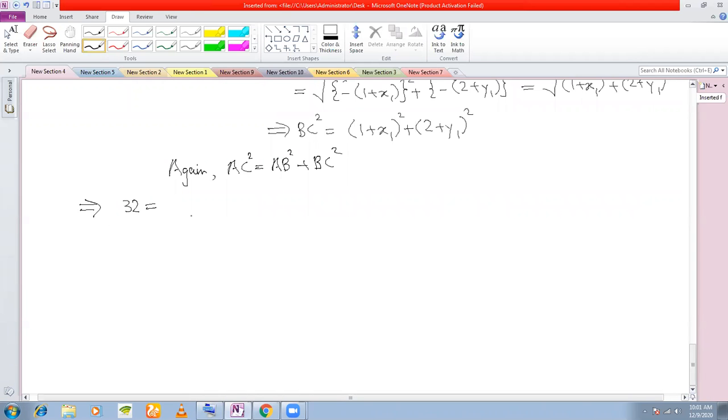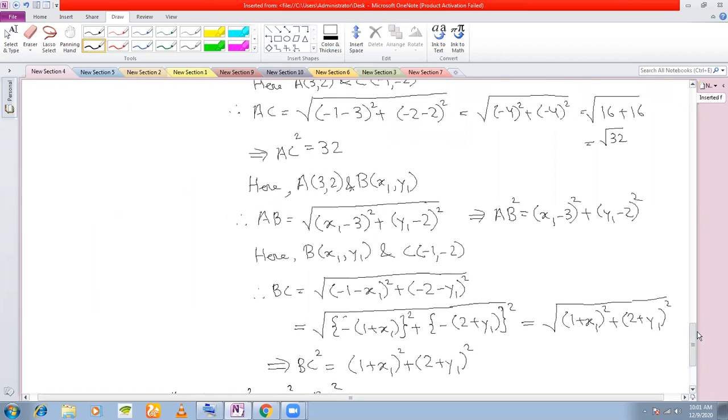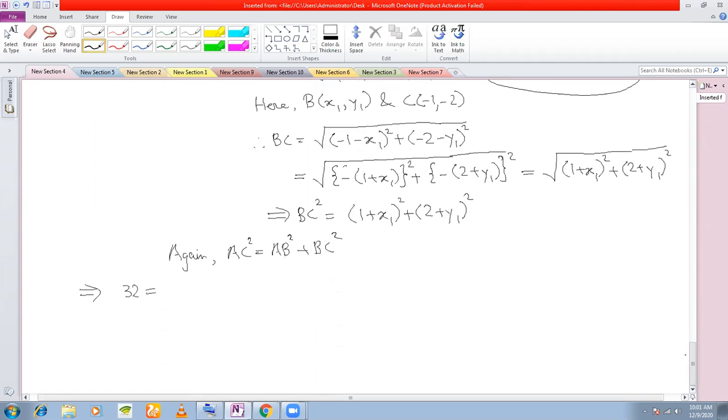AC square. AB square, what have we found out? Which one is AB square? This is AB square. Put the value here. x1 minus 3 plus y1 minus 2. Plus. Now BC square.